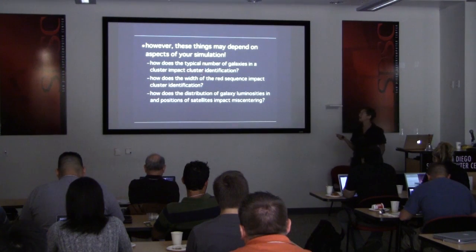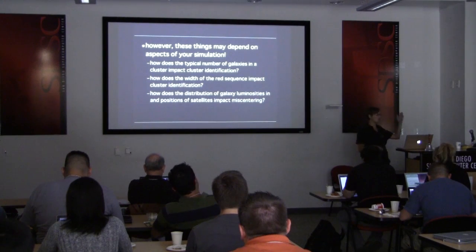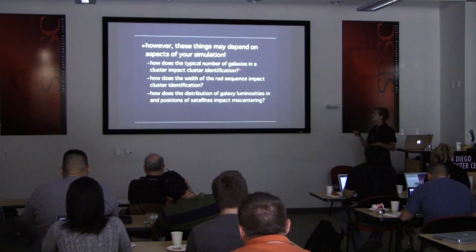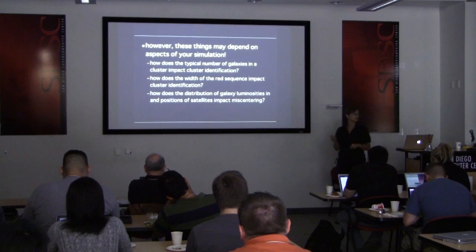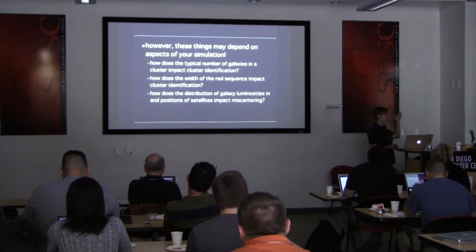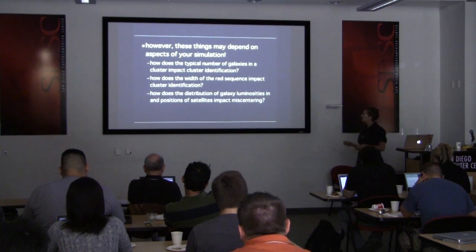An example of this is, let's say you have the normalization of the mass-richness relation wrong in your simulation. Because you then have more or less galaxies, you have more or less noise at a given mass, and the typical number of galaxies might impact the cluster identification. It might impact the purity and completeness if your simulations have a factor of 2 more or 2 less galaxies than the real universe does.